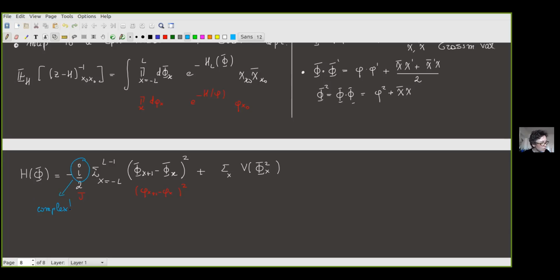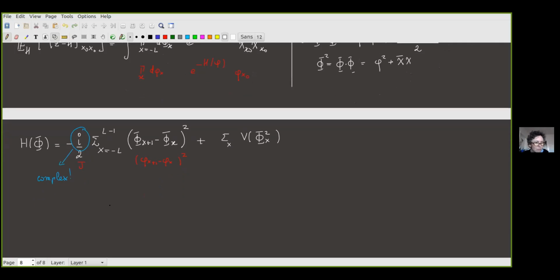I forgot to tell you what the potential is now. So I still have to write what V is. I wrote explicitly that V is a function of phi square. So I can think of phi square as some variable t.